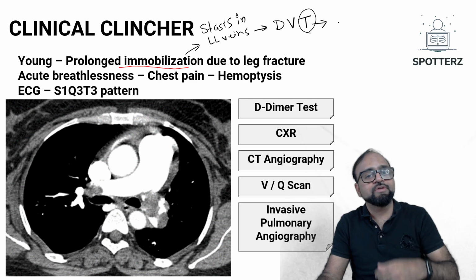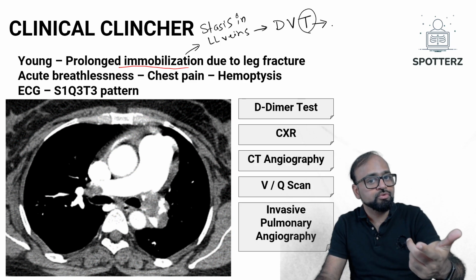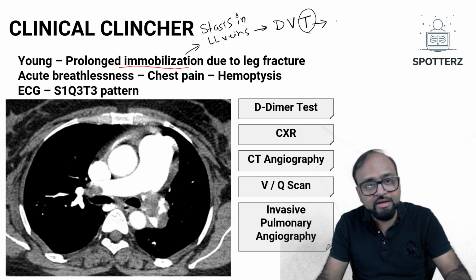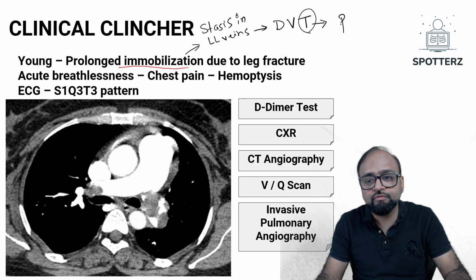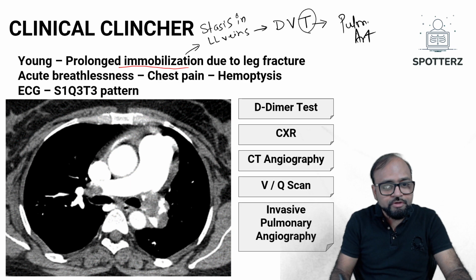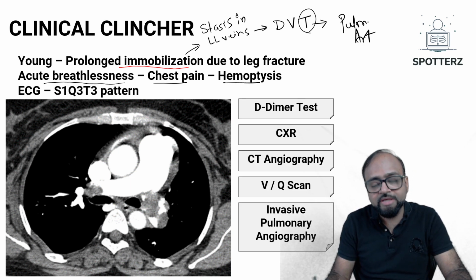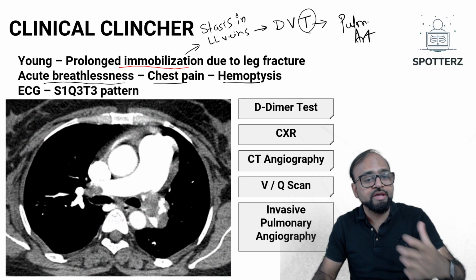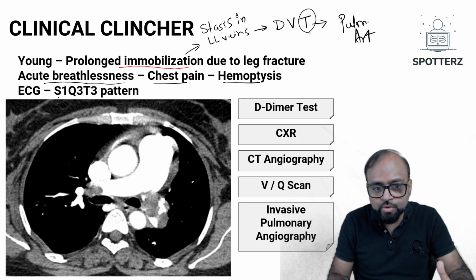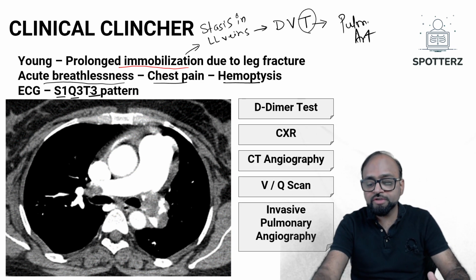It is going to travel into the IVC, into the RA, RV, and then it is going to get lodged within the pulmonary artery, as a result of which the patient develops acute breathlessness, chest pain, hemoptysis. There is a right-sided cardiac overload that on ECG is going to give rise to an S1, Q3, T3 pattern. So what is the diagnosis?